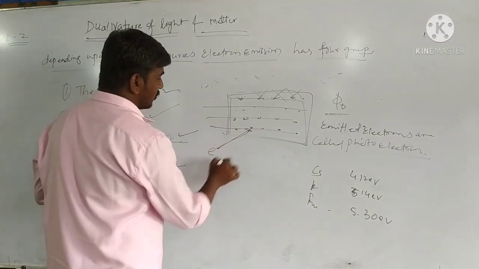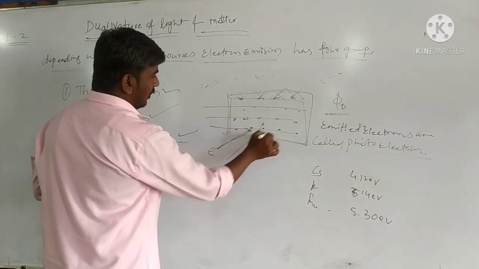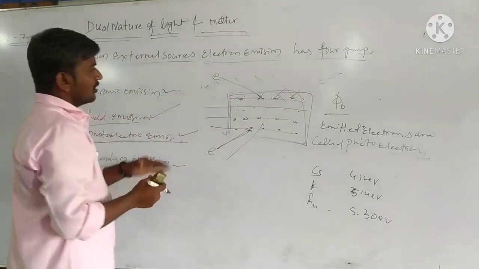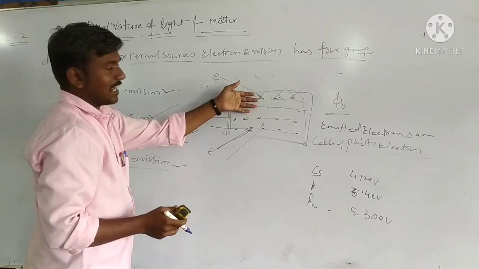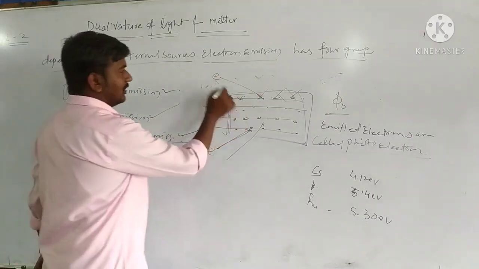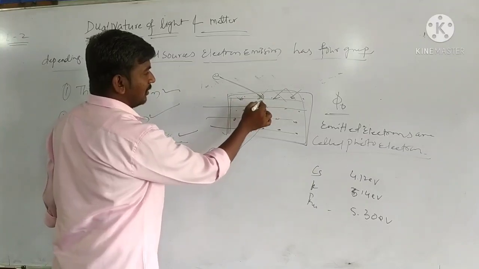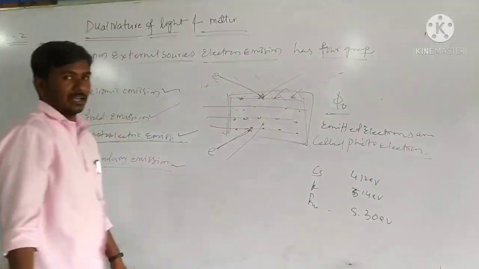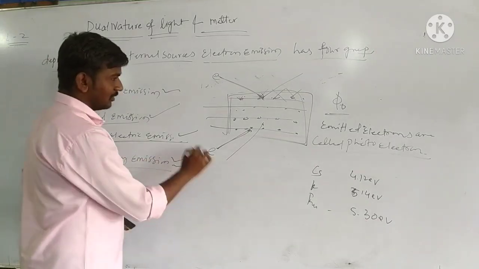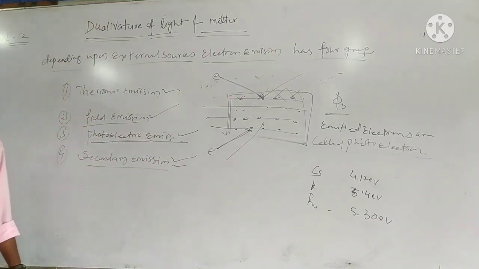When the fast electron hits here, some amount of energy will be transferred. There is a collision. ये collide हो गया होने के बाद ये इलेक्ट्रॉन यहाँ पे हिट करने के बाद another electron emit होना, उस वाले emission को क्या बोलते हैं हम? Secondary emission. That is called secondary emission.